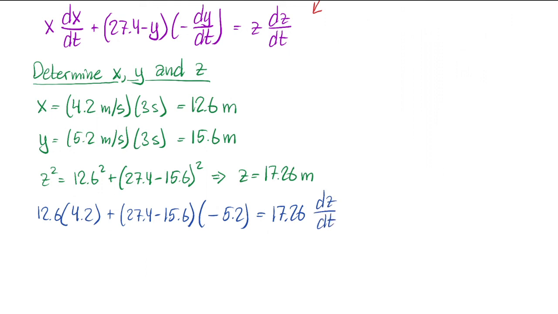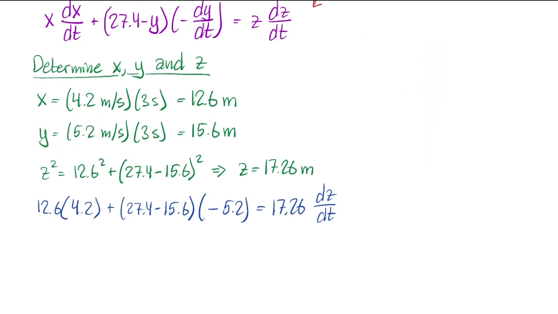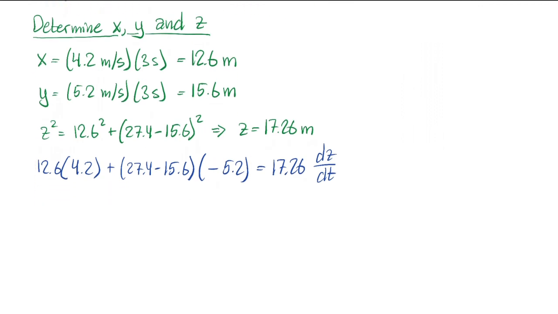And now if we evaluate the left-hand side, and then divide by 17.26, we get dz dt equals negative 8.44 over 17.26, which equals negative 0.49, since they wanted the answer to 2 decimal places.